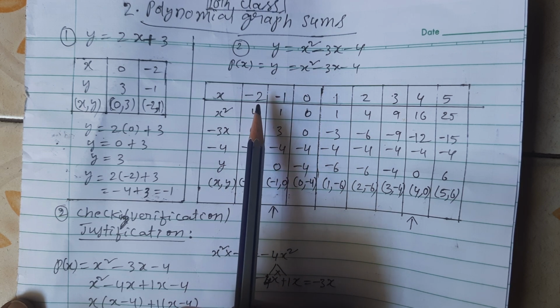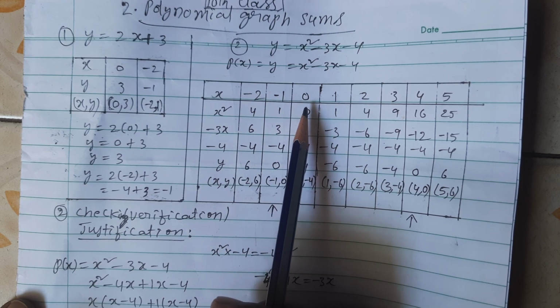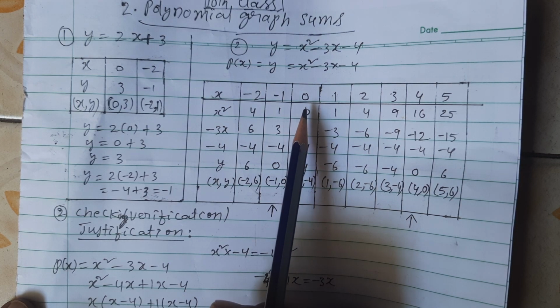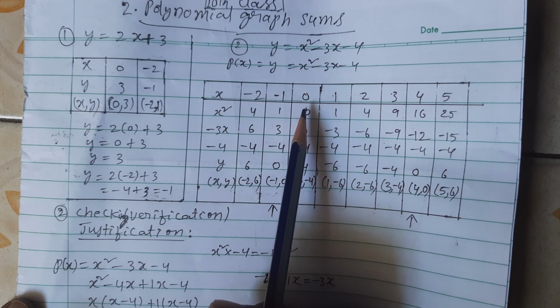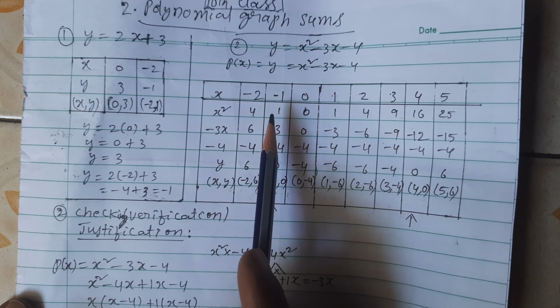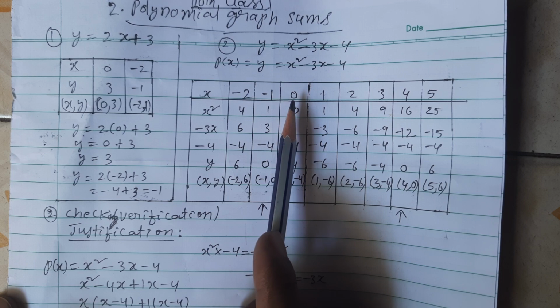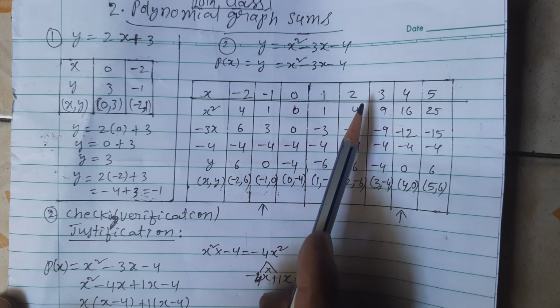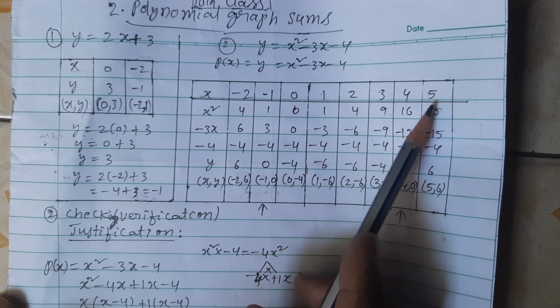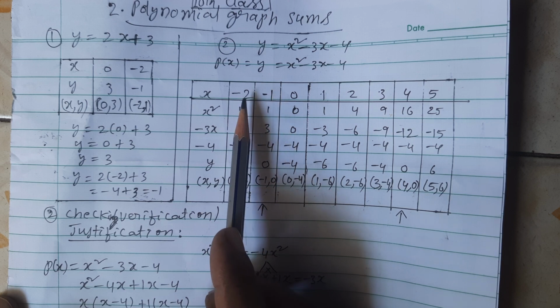At least 8 to 9 points will be adjusting. On some occasions you may get fewer points, because it depends on the graph in the given question. Now take x values 0, 1, 2, 3, 4, 5, and on the left-hand side -1, -2.